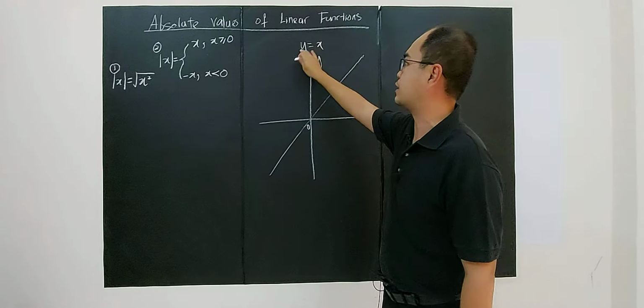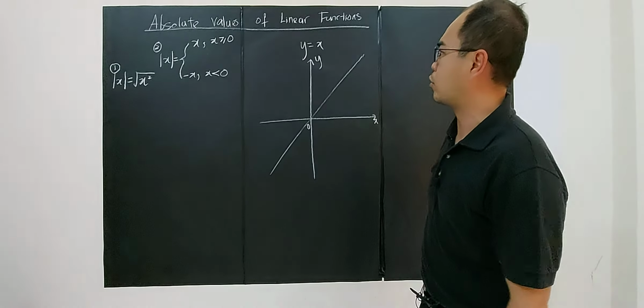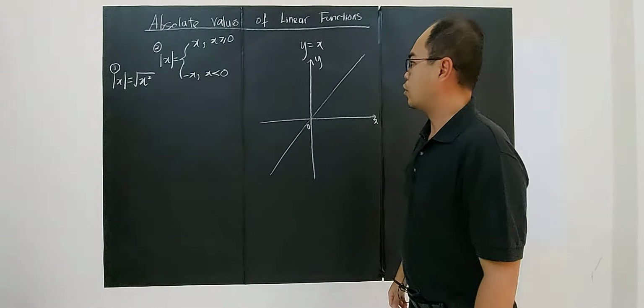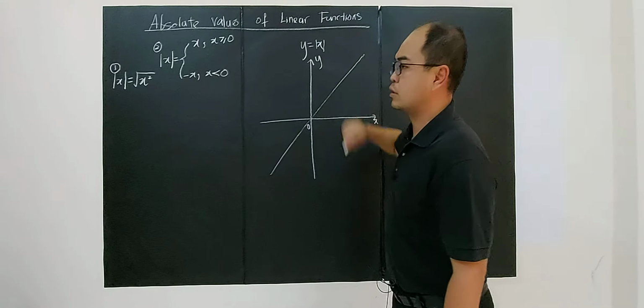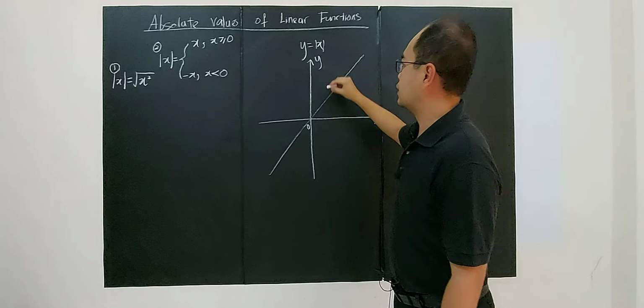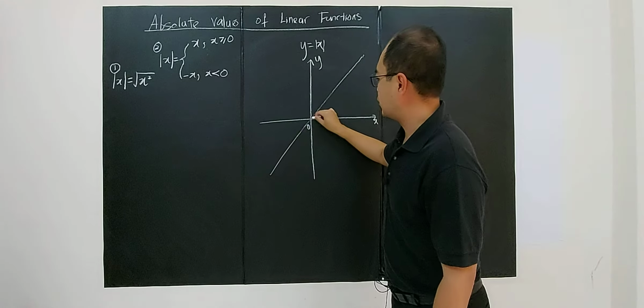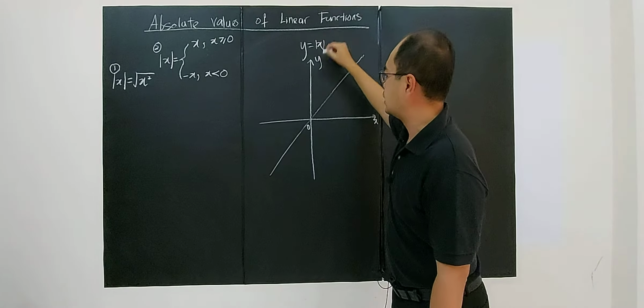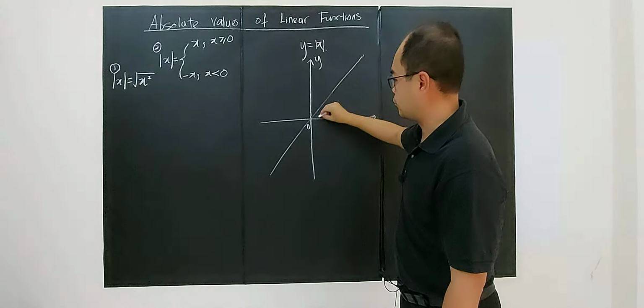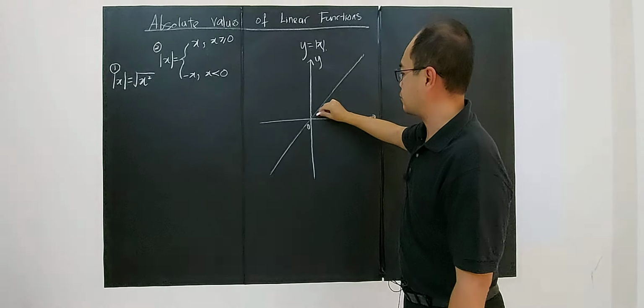The x and y coordinates are the same. So what happens when you take the modulus? When you take the modulus of the part of the graph where y is positive, it will always be positive. It will still be on top here.